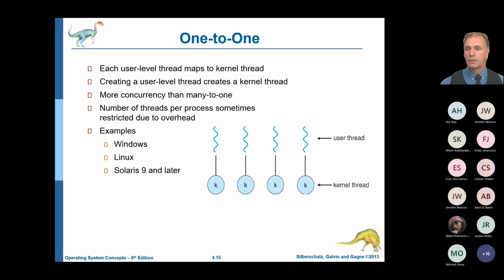The other way of doing it is to have a one-to-one relationship. So every time the user program generates a thread, the kernel maps it to an internal kernel thread, and there's a one-to-one relationship. Now, again, there's some management involved here. So even if there's a one-to-one, you're still restricted to the number of threads that you can run in parallel, and that's dependent on the hardware.